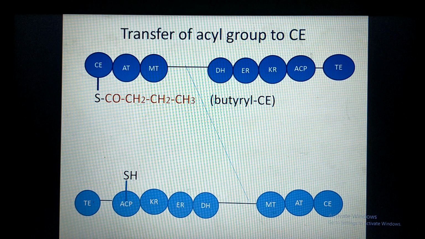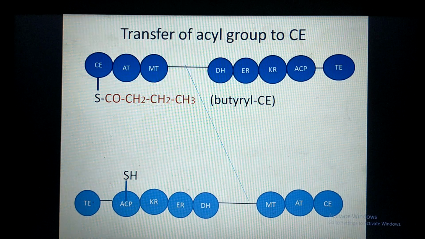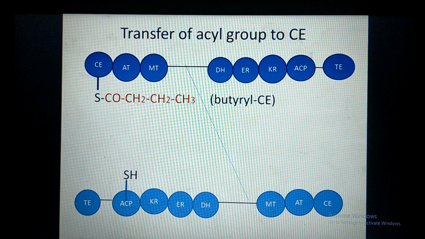Now, when we start the pathway, the condensing enzyme binds with the acetyl group. At the end of first cycle, this condensing enzyme combines with the butyryl group, and acyl carrier protein is free.